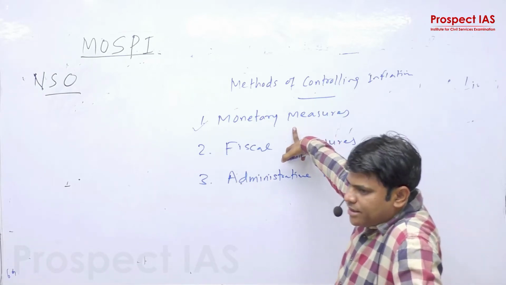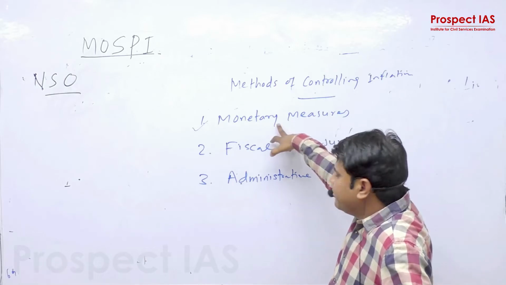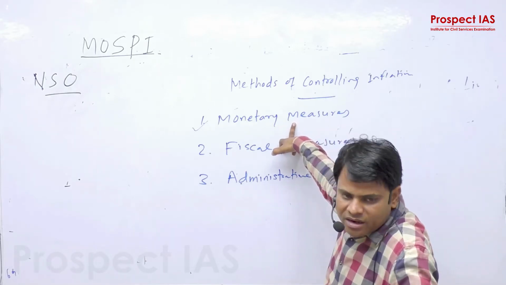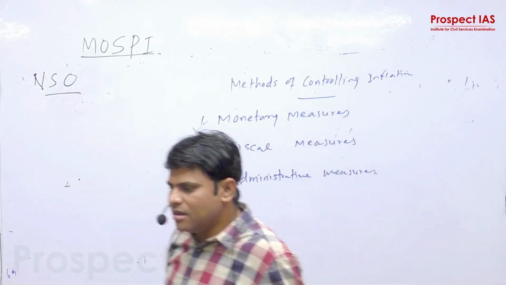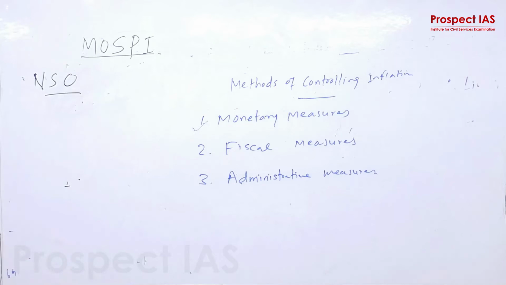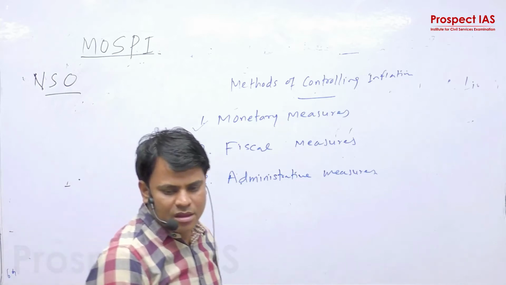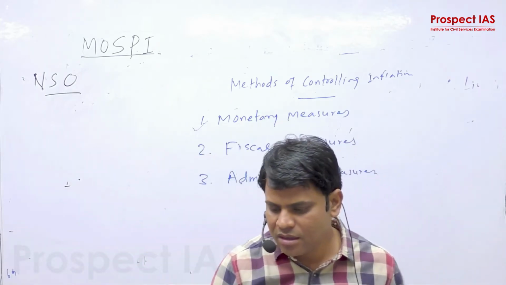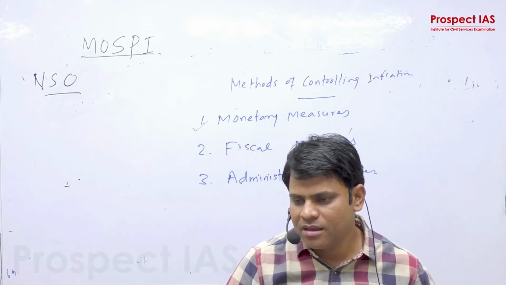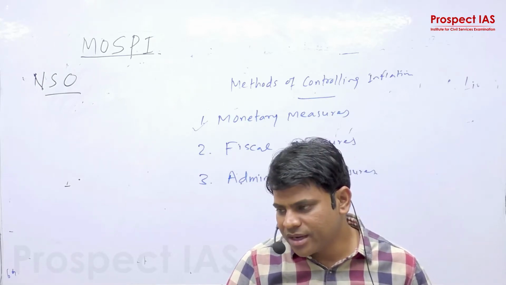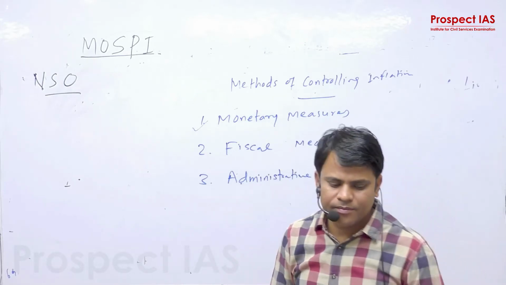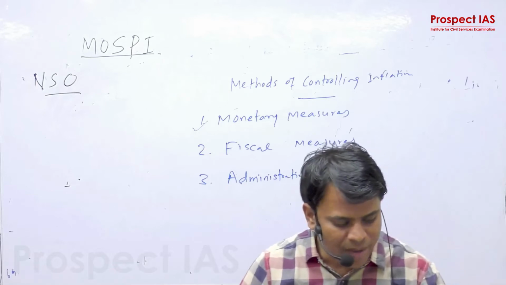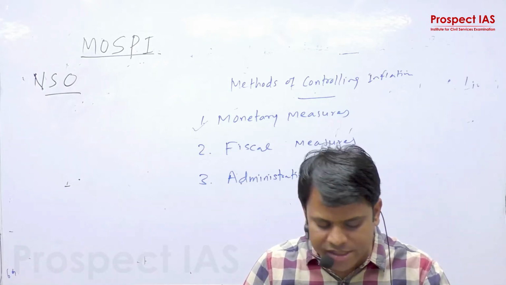So first thing that you need to keep in your mind is that monetary measures are adopted by the central bank of the country to control inflation, है ना? लिखिए, monetary measures are adopted by the central bank of the country to control inflation.